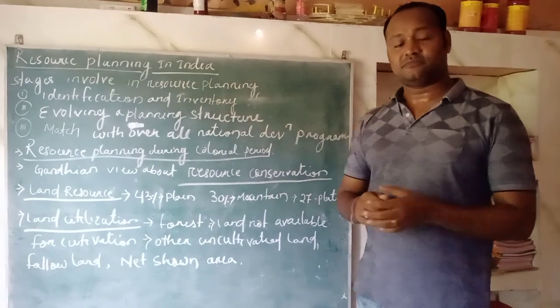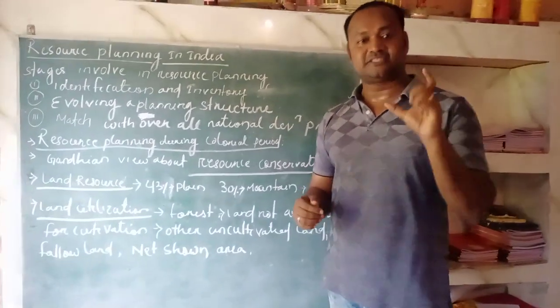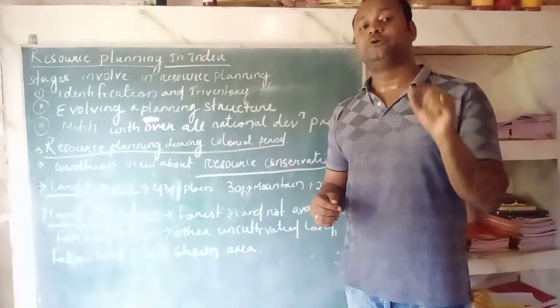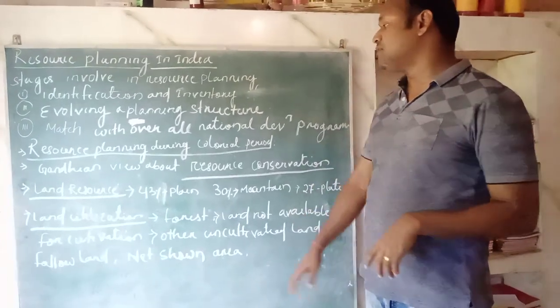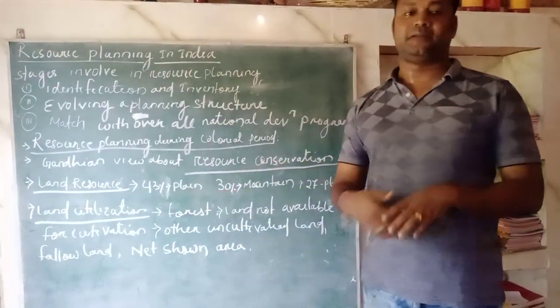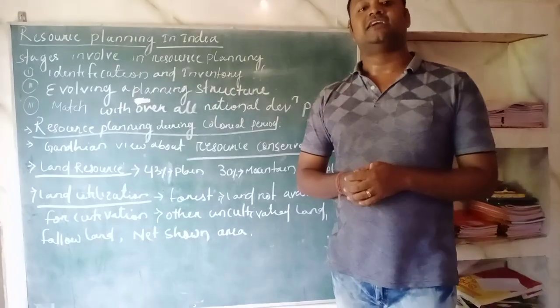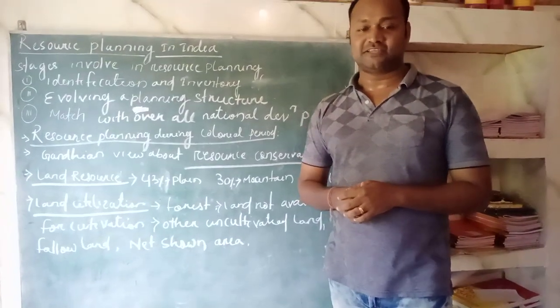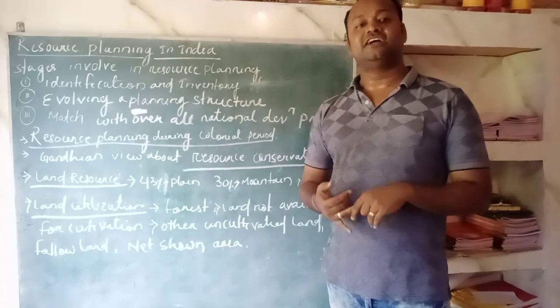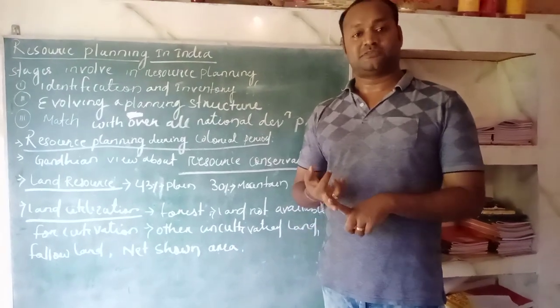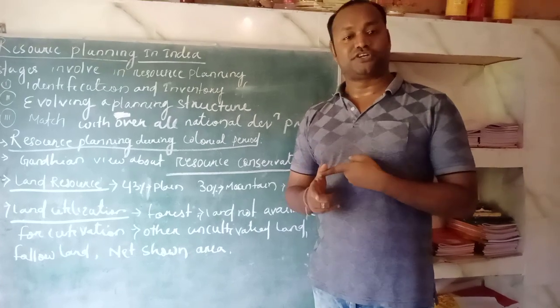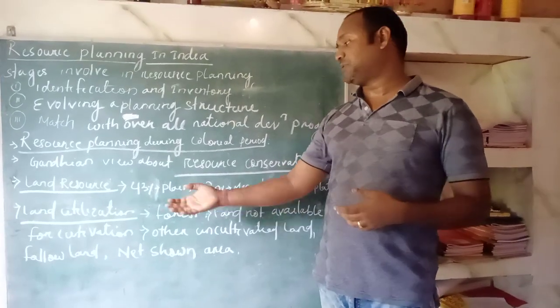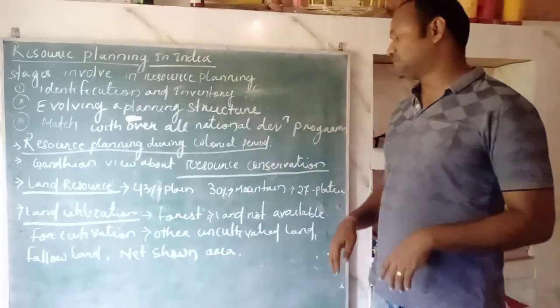If we take that 93% as 100, then 43% comes under plain, and this plain is used for a variety of purposes like agriculture, industries, transportation, infrastructure, and settlement. So this 43% is being used for these purposes.